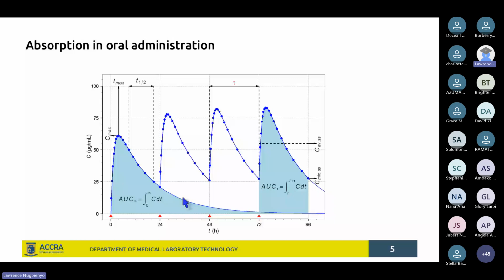And you see in repeated doses, after that first curve that we've seen, if, let's say, after 24 hours, the drug is taken again, you see that absorption occurring again. After another 24 hours, the drug is taken again, you see there is again absorption and then decline.